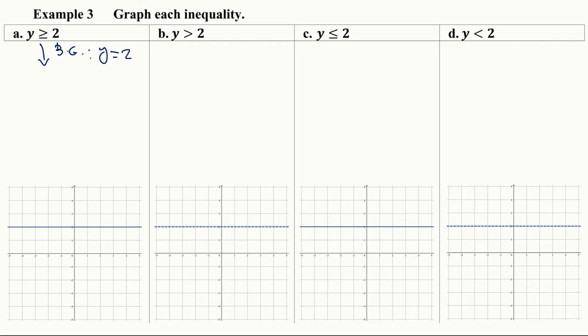Y equals 2, so that means the horizontal line going through y equals 2, and you're going to want every point on or above the boundary graph, which is y equals 2. So basically you're going to want to shade above.